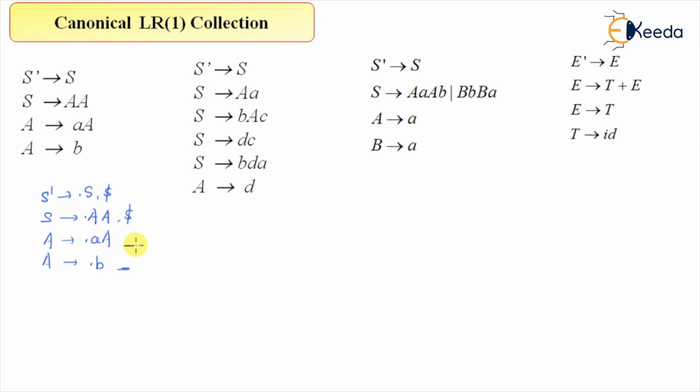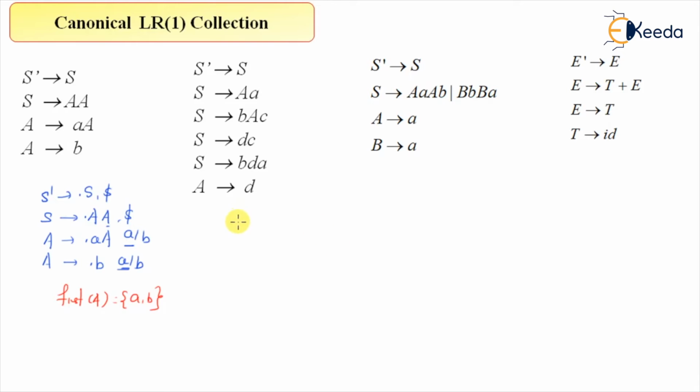So I will write any symbol which is first of capital A, being careful with epsilon, so that is a or b. So I will write a or b, and a or b. This is because of first. If it is epsilon, I'll go to the next symbol, that is dollar. This is one state of your LR1 collection.